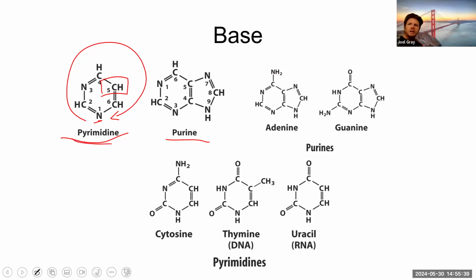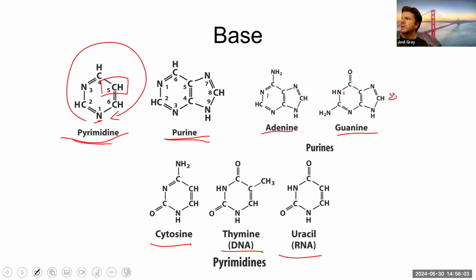So my pyrimidines are single rings, and those single rings are cytosine, thymine, and uracil. My purines are adenine and guanine. Your numbering for each of these is going to follow this convention, where we have our purines. This is 1. This is 1.